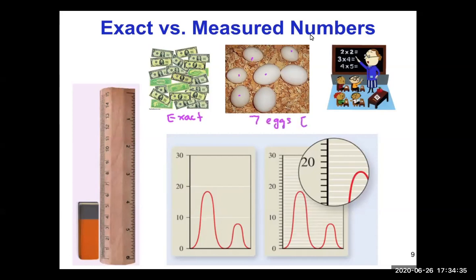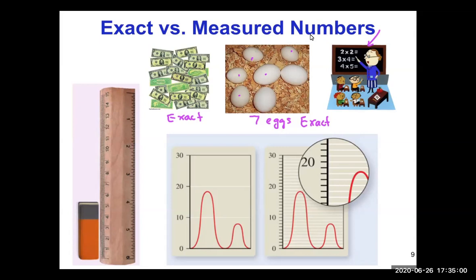This is exact. We don't need to worry about significant figures for these. And also when you're in a math class, in general, you don't need to worry so much about significant figures because they're not working with measured numbers. But when you are, then you should be aware of the significant figures.